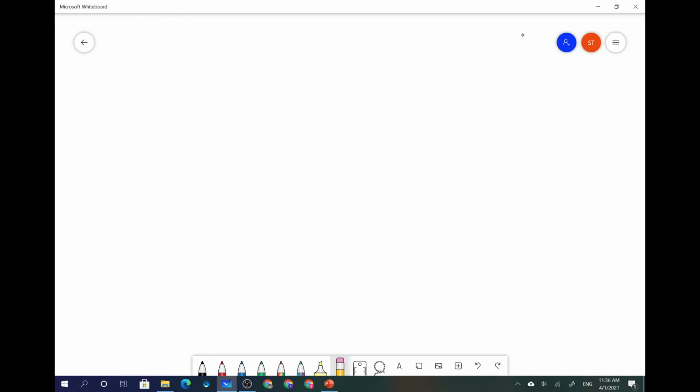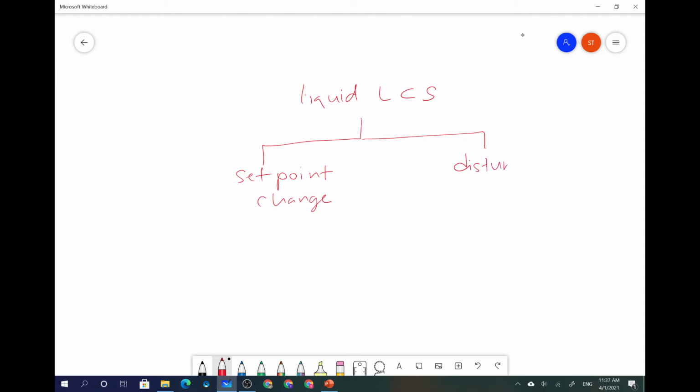Here we have a liquid level control system, whereby we're going to divide it into a set point change and another one, a disturbance change. Remember, in process control, there are always only these two changes, whether set point change or disturbance change.